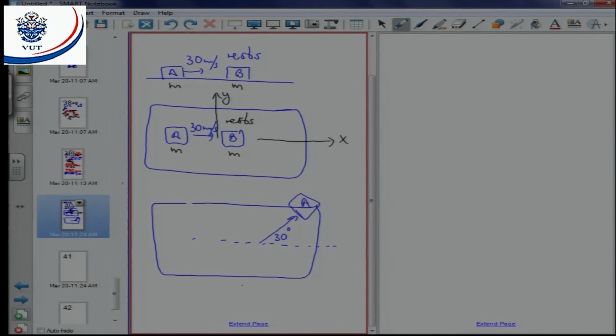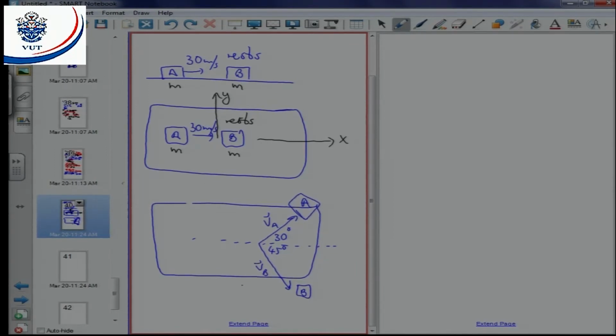Okay, so A is deflected at 30 degrees to the original direction, and B is deflected at 45 degrees. So it's similar to our pool example. Okay, so now let's call this velocity VA, and this velocity VB.